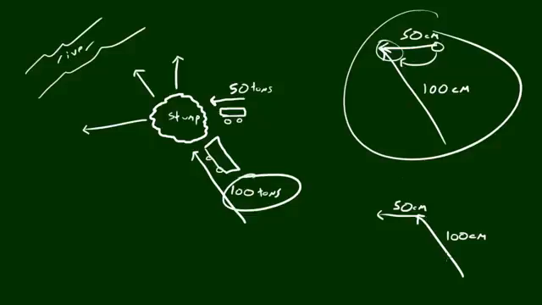Now we start at the tail of the first one and connect it to the head of the second one. This is our new arrow. Check it out. Depending on the angle, I'll just guess it's 130 centimeters in this direction, towards the river.